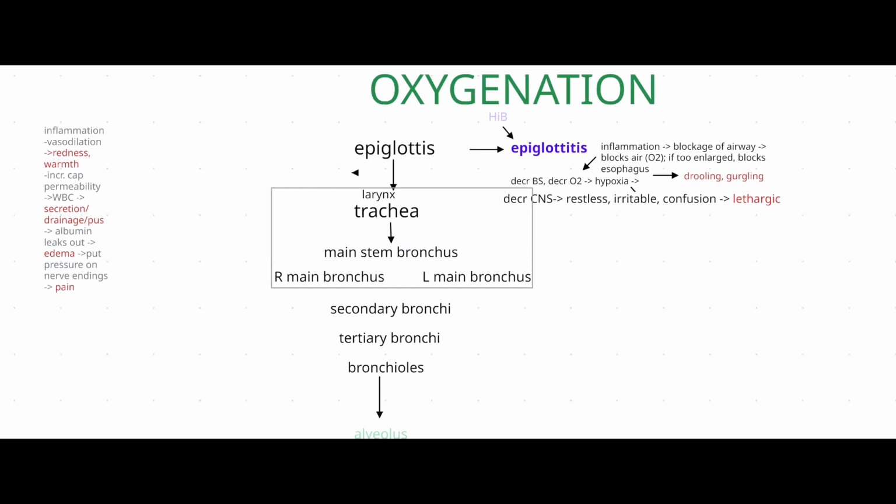What is the condition in pediatrics commonly that affects the larynx, the trachea, and the bronchi? Anybody? Somebody had an idea? I heard an O. No? Starts with a C. Croup.